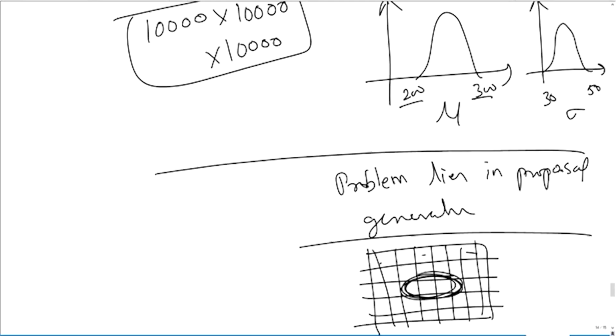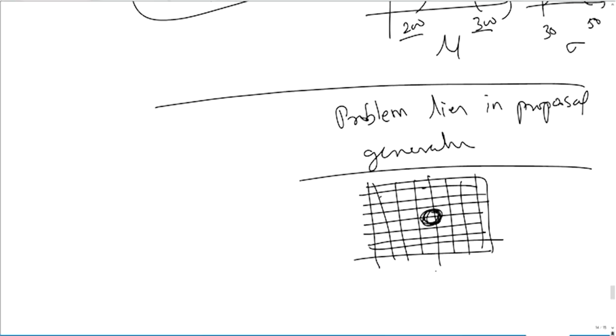In reality the actual true posterior lies in a very small range, let's say somewhere here, but still you are generating this huge number of samples. So the proposal generation is highly inefficient because it's not informed by anything at all. You are just dividing the parameter space into equidistant points, and you are considering everything in that range as a proposal, and later on you end up rejecting all of them.